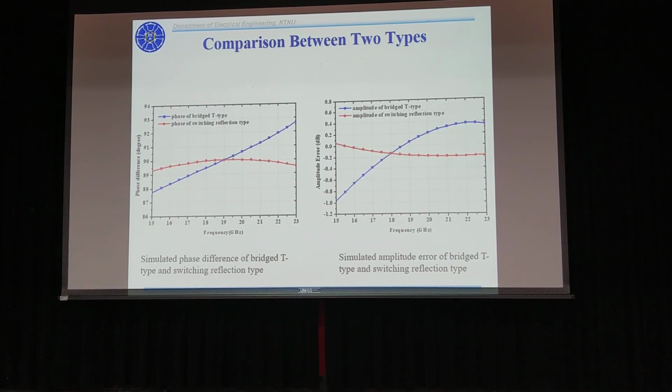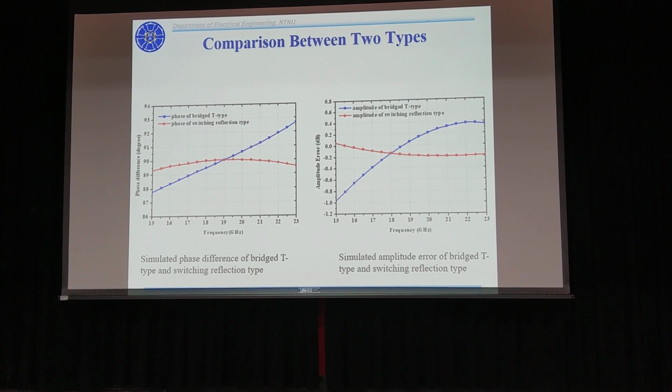The left figure is the simulated phase difference of bridge T-type and biphase switching reflection type from 15 to 23 gigahertz. We can find out that the phase performance of the switching reflection type is flatter than bridge T-type.